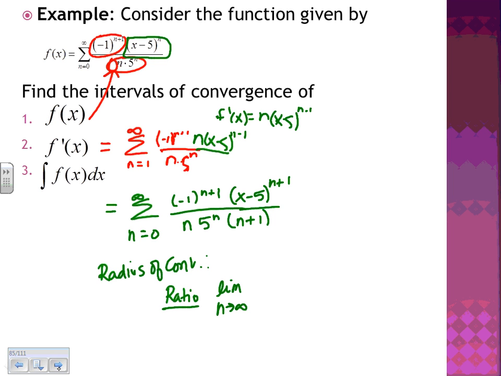I'm using the original, and I'm going to use the ratio. Do you agree that you cannot use the nth root here? That one's not raised to the nth power, right? All right. So I'm going to do the ratio.